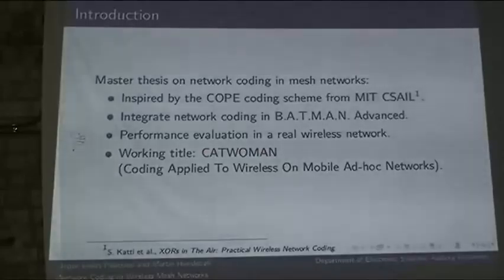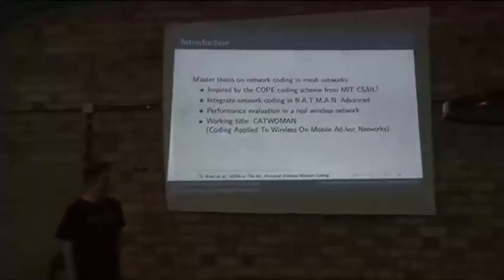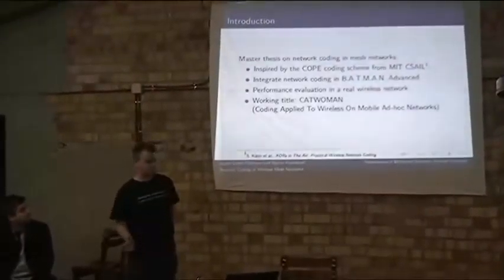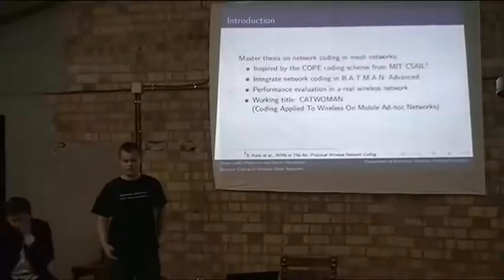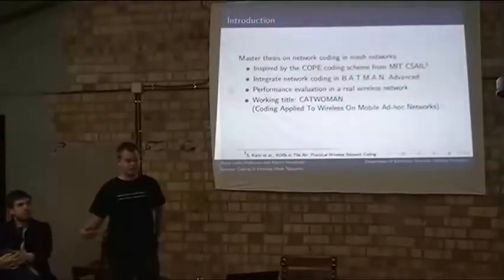We would like to have a performance evaluation of this network coding in a real wireless mesh network, compared to some of the other evaluations of network coding in mesh networks. They are usually just theoretical or simulated.